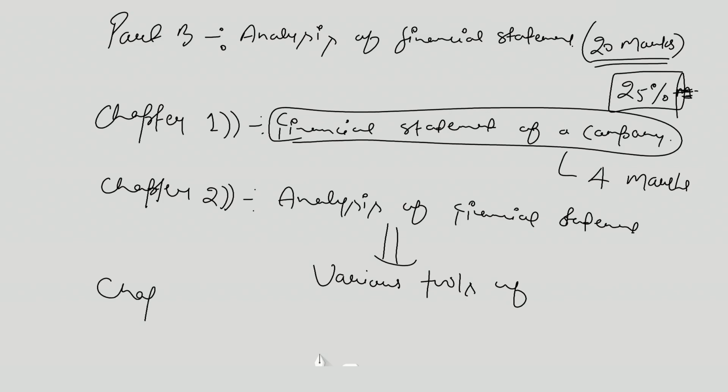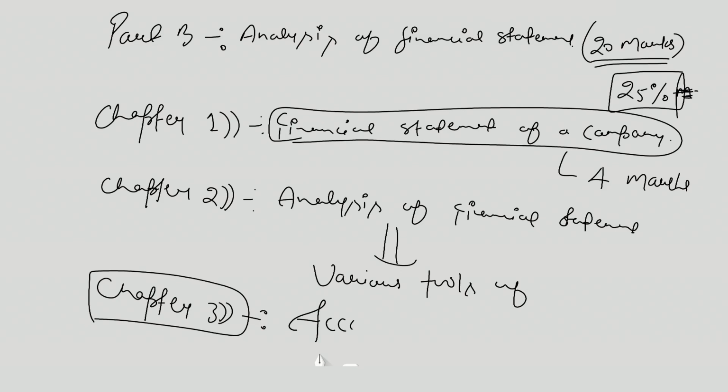The next chapter, chapter number 3, is all about one of the tools of analysis of financial statements, accounting ratios. This is one of the tools for making financial or accounting decisions.